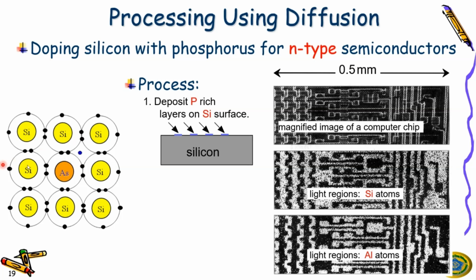So deposit phosphorus-rich layers on the silicon surface. So this is the cross section of the silicon, and then we put this phosphorus on the surface. Like if you put a chemical on your skin, and then that chemical goes into your skin.